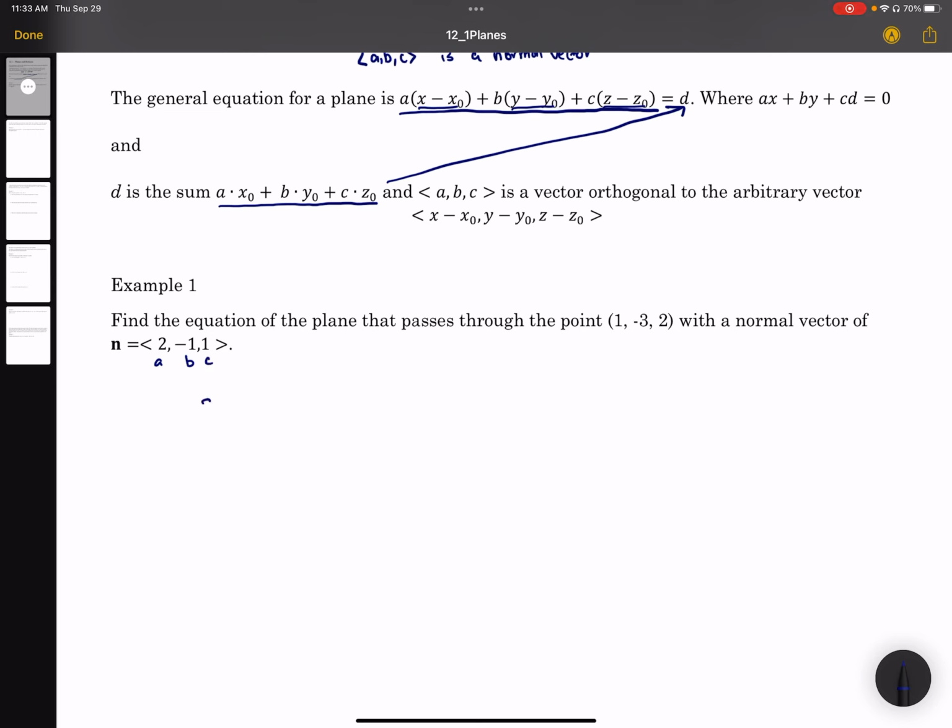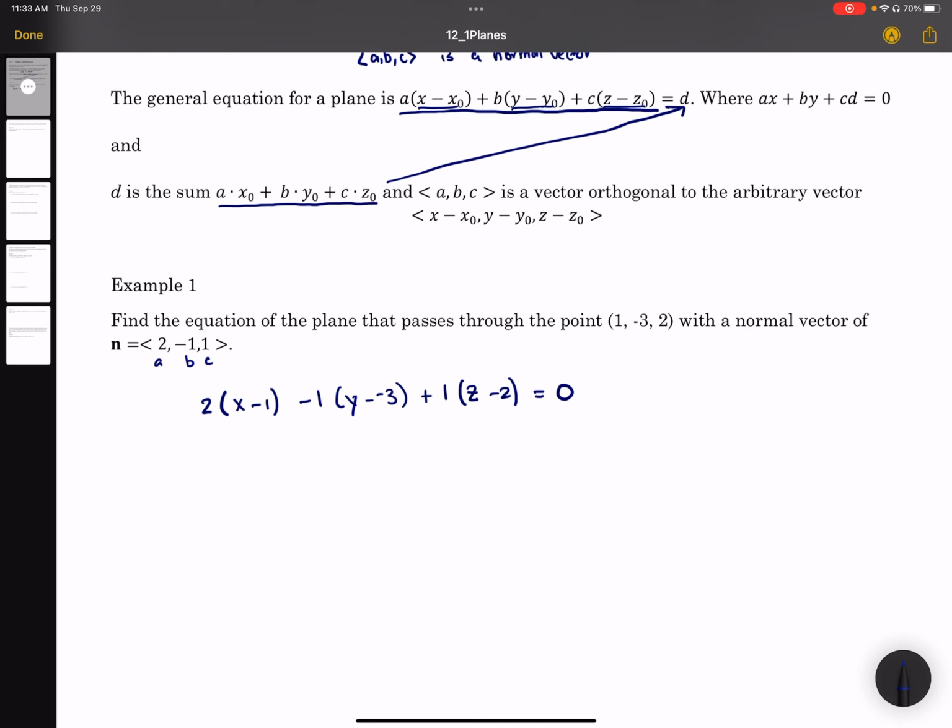So we're going to get 2 times (x minus 1), minus 1 times (y minus negative 3), and then plus 1 times (z minus 2).